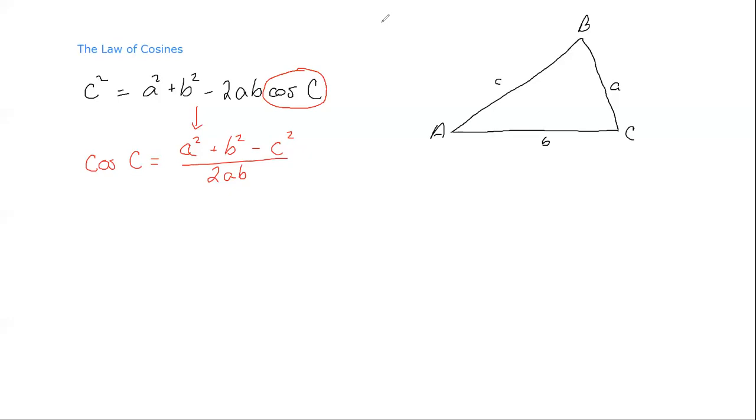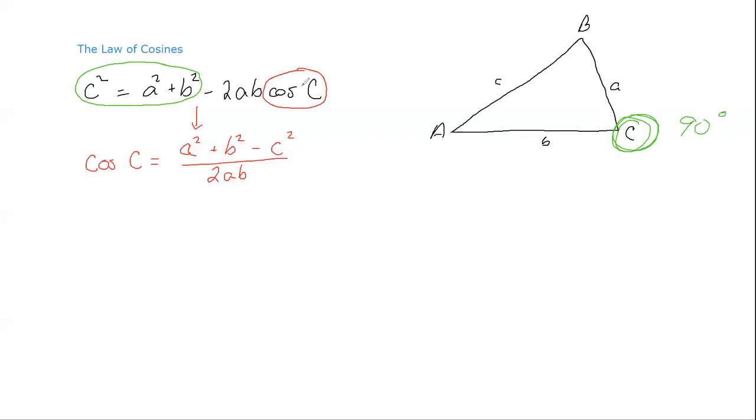Now, something else I want to mention, and if you look at this part of the law of cosines, this looks like the Pythagorean theorem. And that's not an accident, because the Pythagorean theorem only works for right triangles. That means that this angle right here is a 90-degree angle.